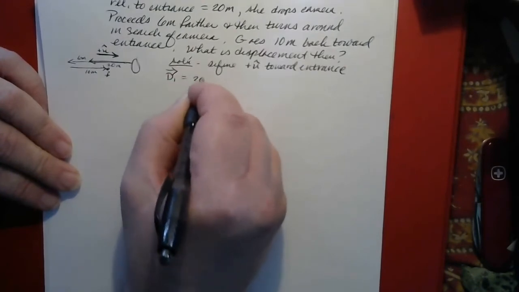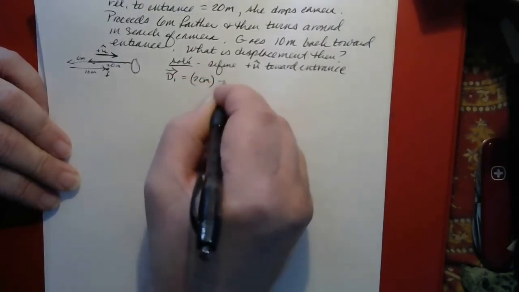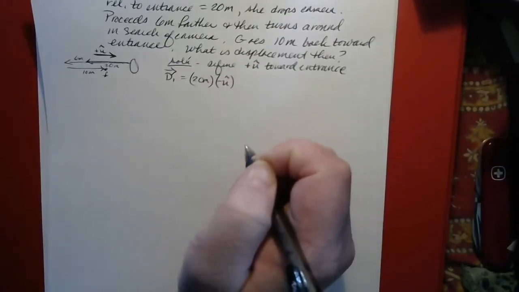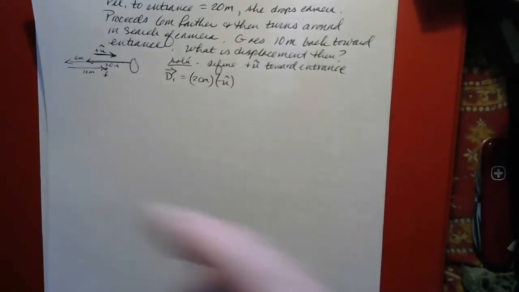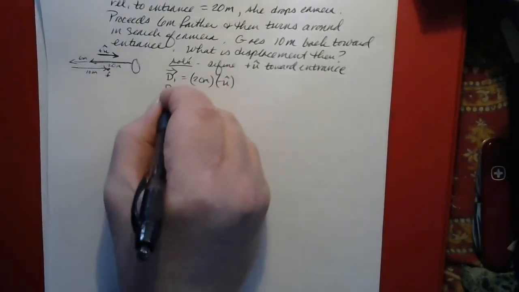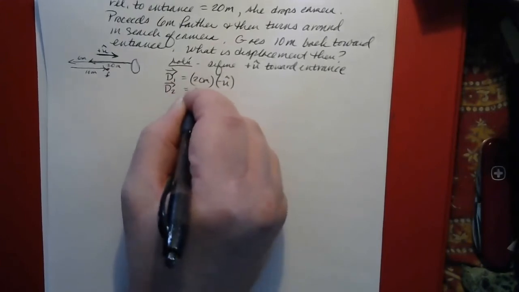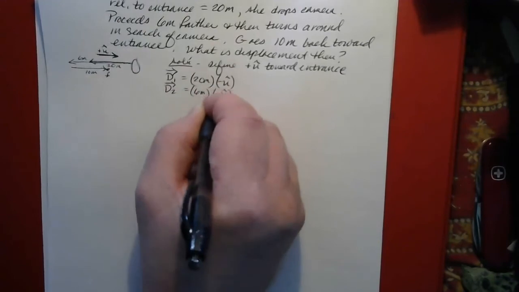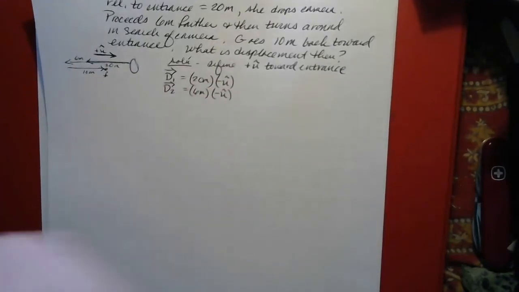D1 is 20 meters in the negative direction because she's heading into the cave away from the entrance. D2 is going to be 6 meters also in the negative direction because she's heading further into the cave.